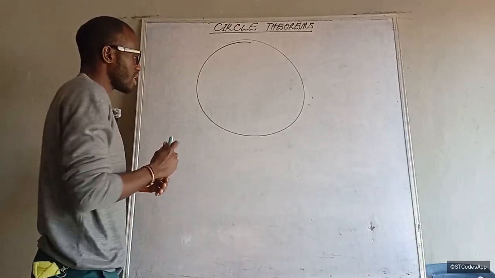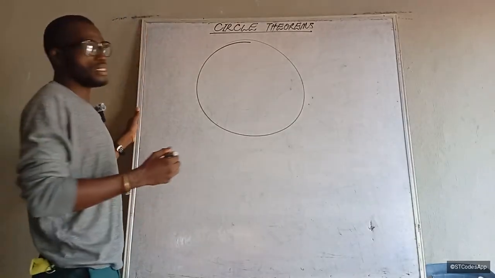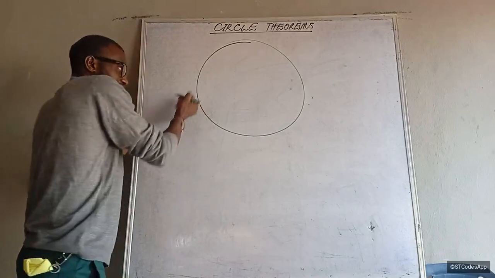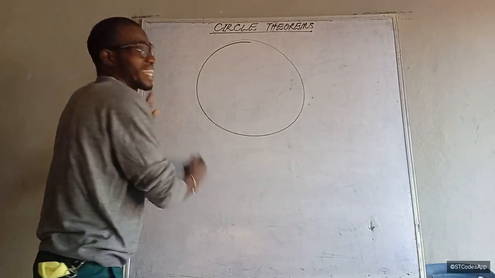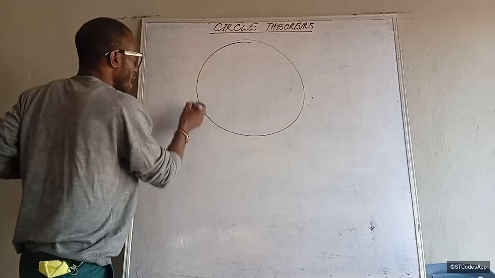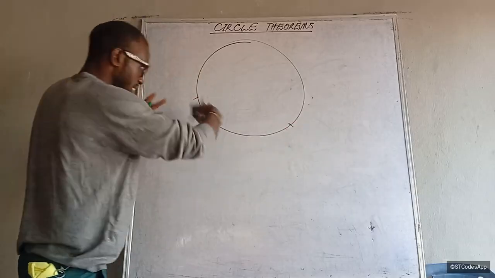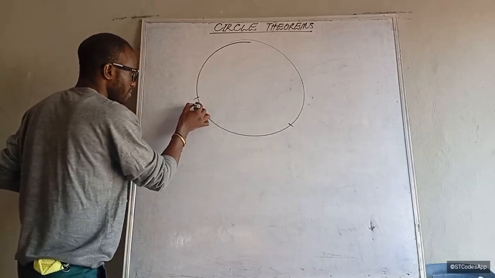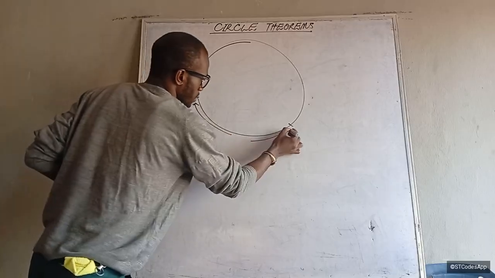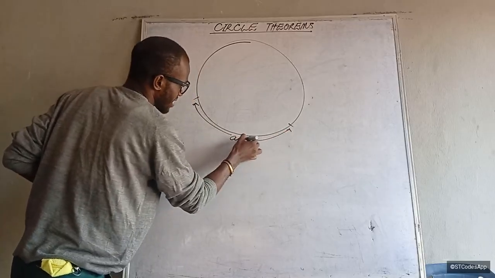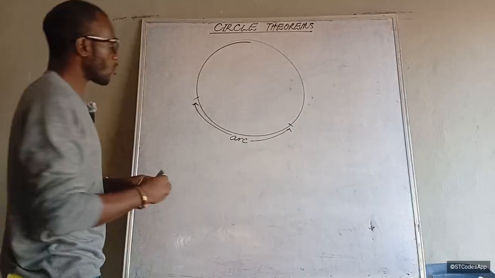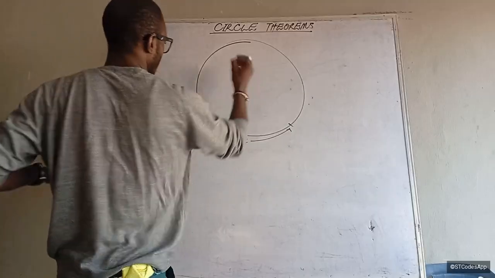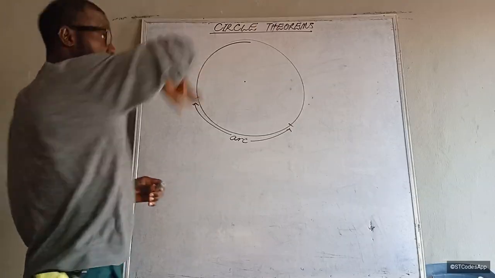So, the total distance is what? Circumference. Now, if I move for any distance that is not the entire length of the circle, any distance on this circle is called an arc. So from here to here, for example, is called an arc. Is that clear? The circle always has a center that produces the circle.